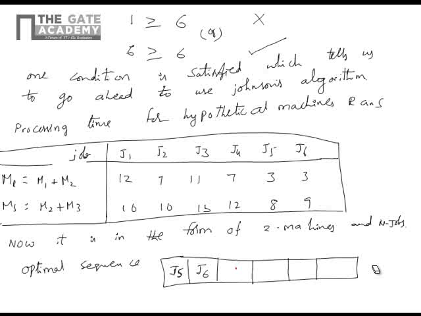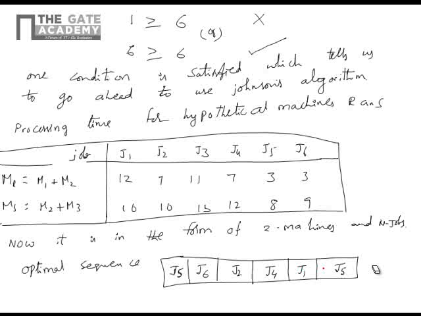So again we can keep J2 and J4. The next minimum is 8, which is machine 2 of J5, so you have to keep it on the last.